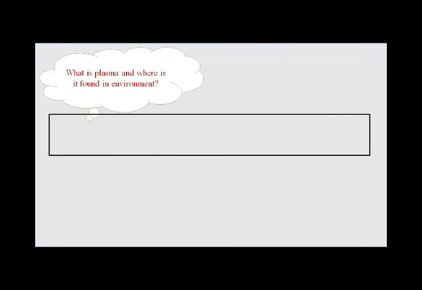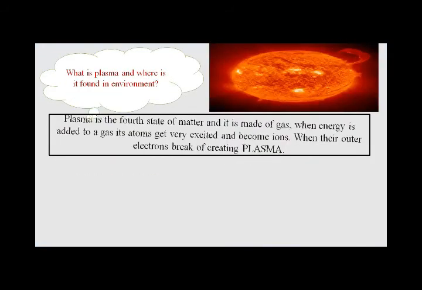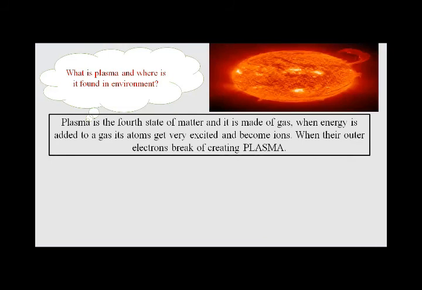What is the definition of plasma? Plasma is the fourth state of matter and it is made up of gas. When energy is added to the gas, its atoms get very excited and become ions.